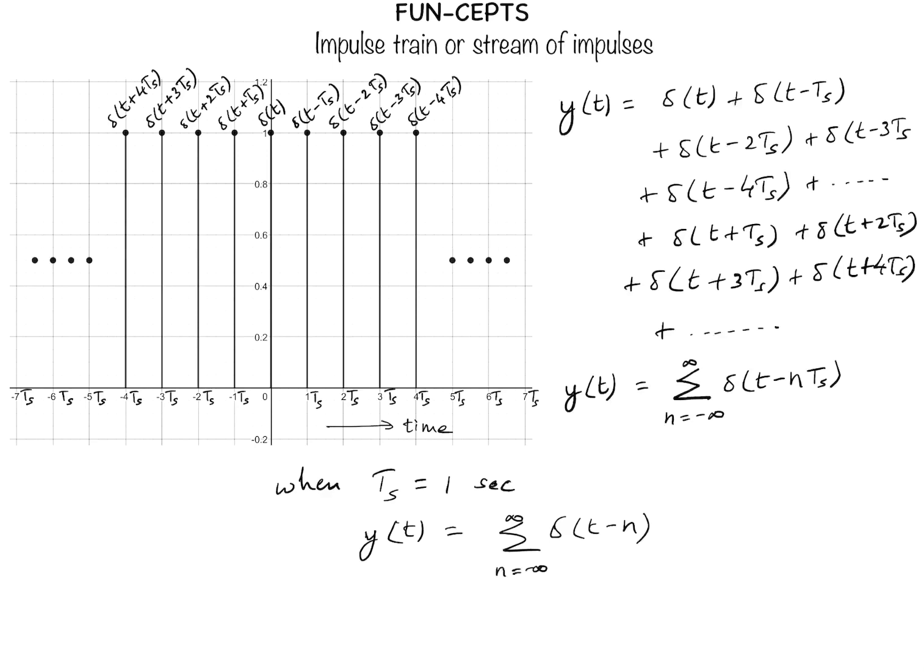So far we have seen that these impulses are located on the time axis, but we can also have situations where the independent axis is some variable other than time. A common variable we will come across in signals and systems, signal processing and communication systems is the frequency variable.